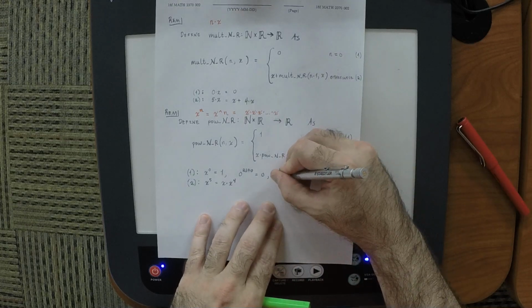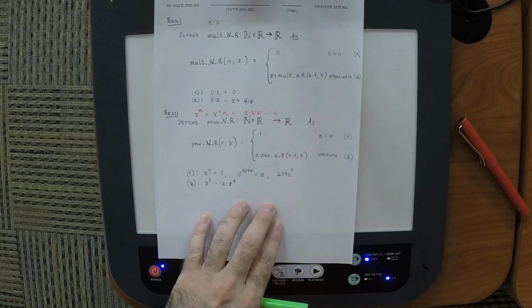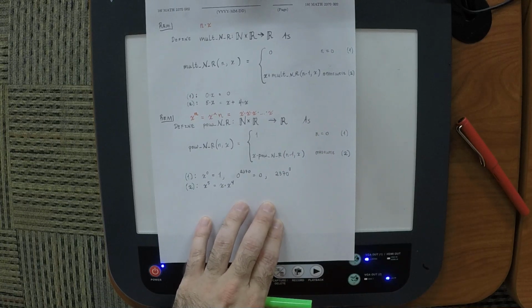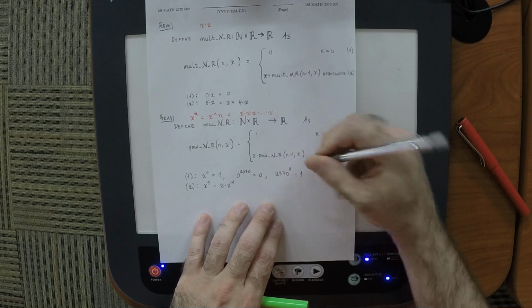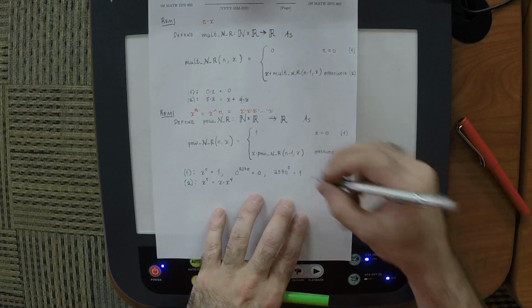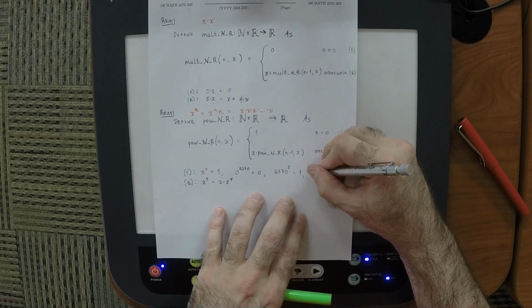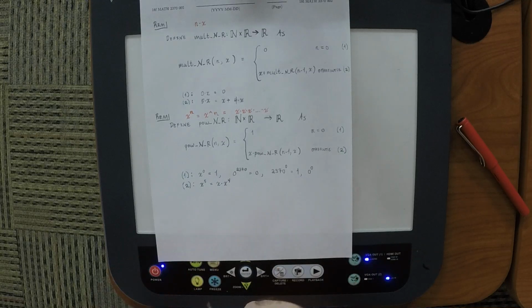And how about this one? Is it permissible for n to be 0? Is that okay? Yeah. So 2370 to exponent 0 is 1. But as he said very nicely, it's not permissible for both of them to be 0. So this is undefined.